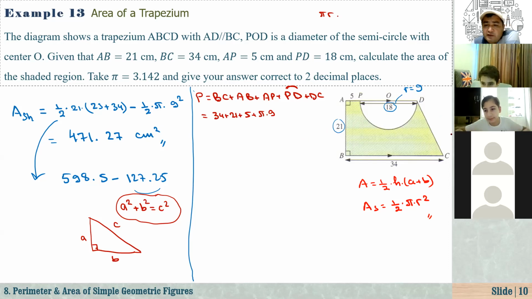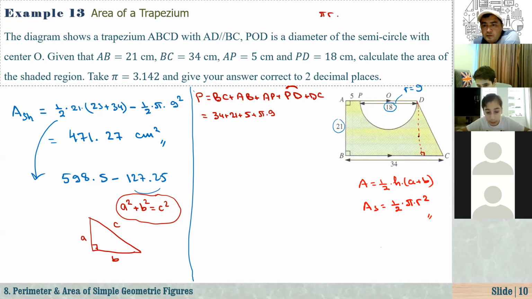The problem is, how do you find the length of DC? That's the problem here. So for base, you take 34 minus 23, which is AP plus PQ. What do you get? 34 minus 23, you get 11. So you have 11 for base, and for height, you have 21.